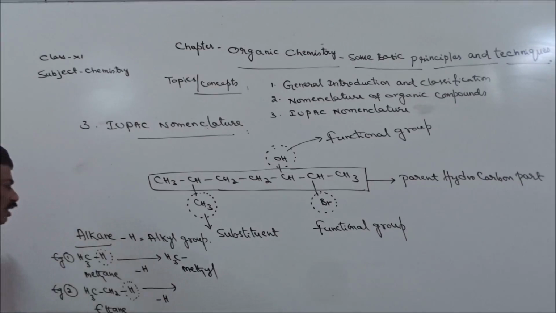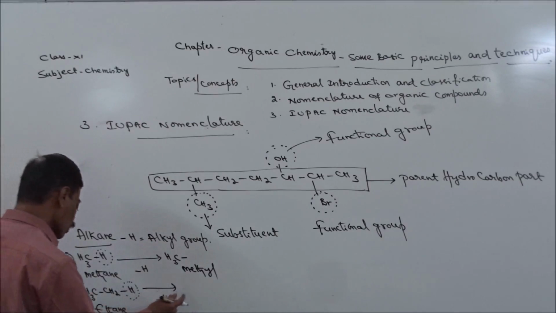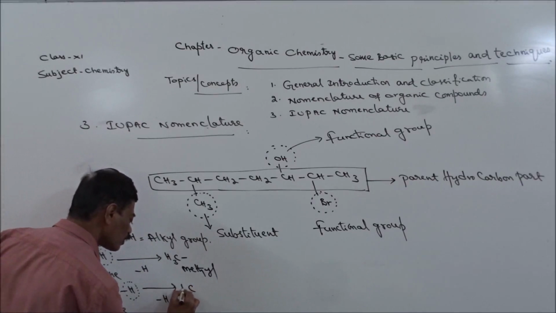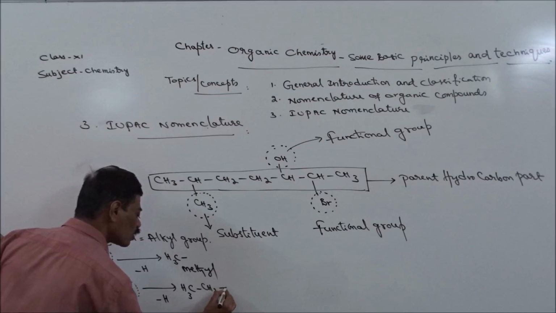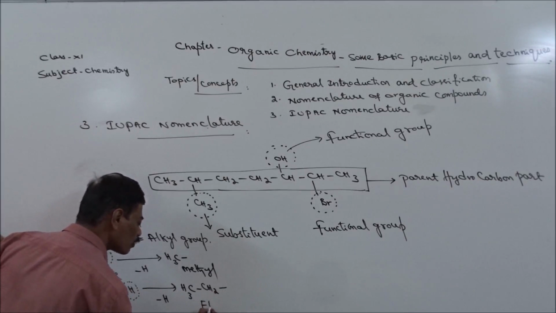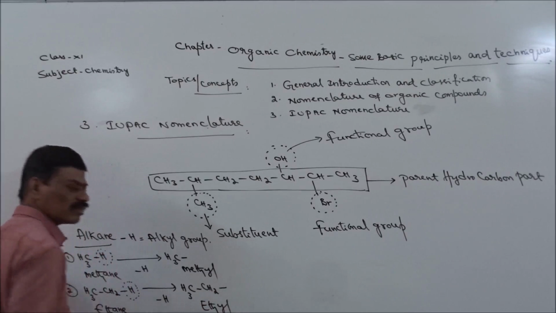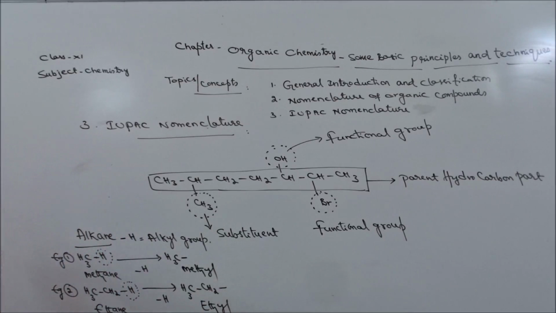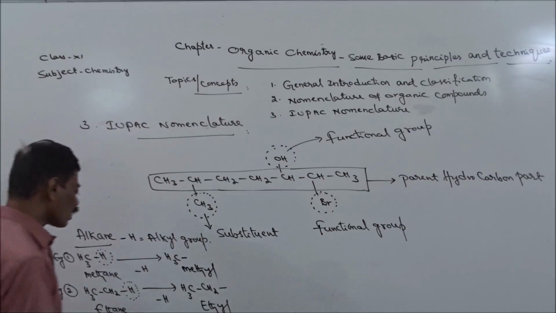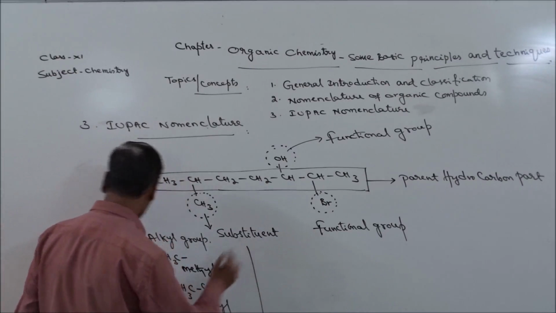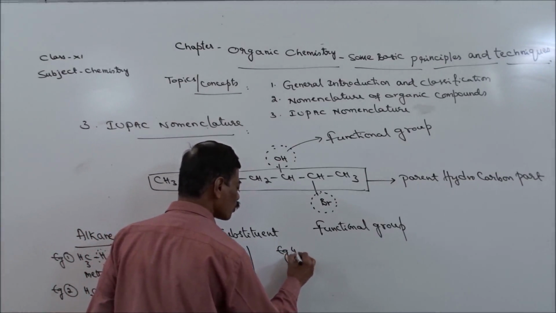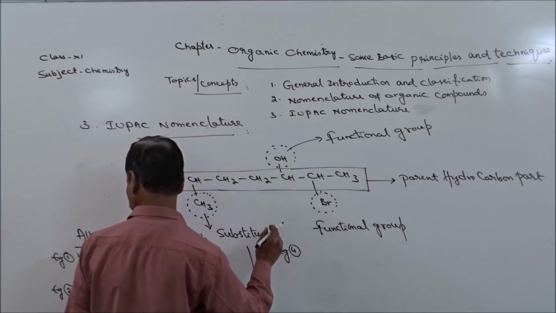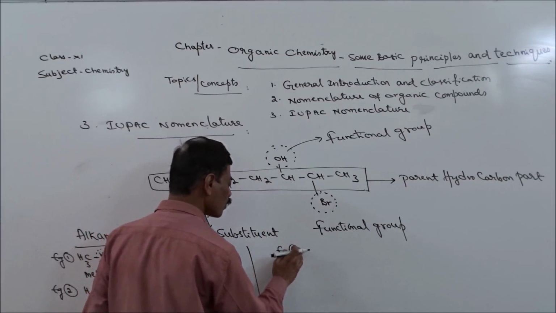When this hydrogen atom is removed, we get CH3 CH2 with a single bond, and this is called ethyl. So in that way, from ethane, when we remove one hydrogen atom, we will get ethyl. Now let us see example 3.